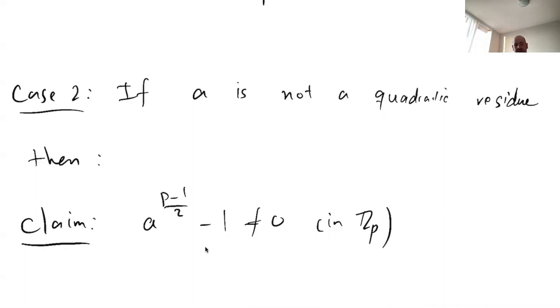But my claim is that that's not the case, and for every quadratic non-residue, this expression will be not equal to 0. Why do you think that this is true?